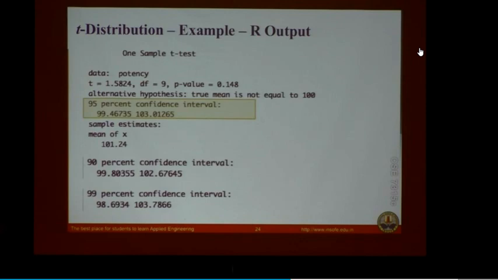The t value for this sample is 1.5824. The z value for this sample, where is it? Likewise, the t value for this sample, qt will give you that.